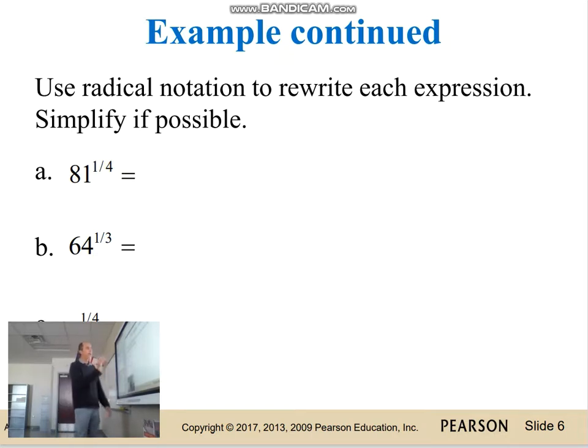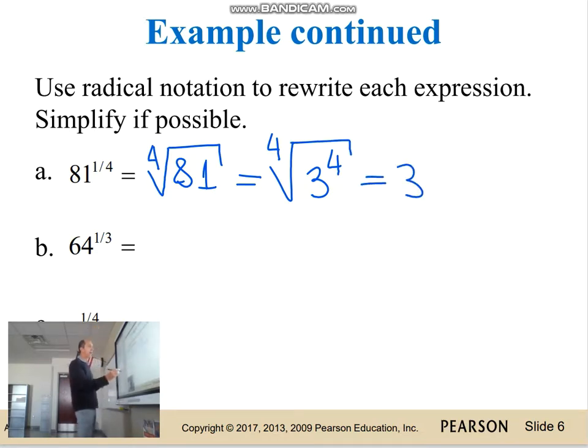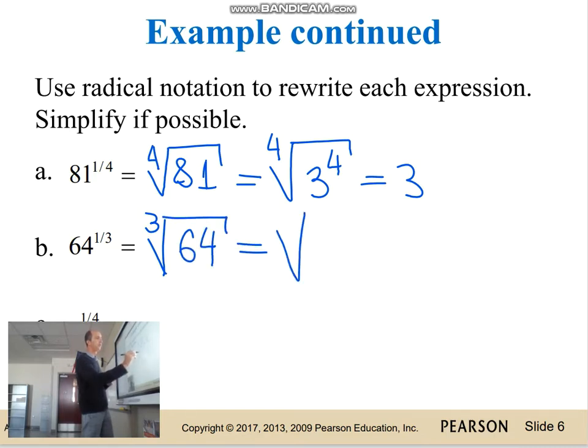So letter A, 81 exponent 1 over 4, as we have seen before. We can rewrite this as the fourth root of 81, right? And if you solve it, the fourth root of 81 is equal to 3. Now the next one, letter B, 64 exponent 1 over 3 is the cube root of 64, and we know that the cube root of 64 is going to be 4.